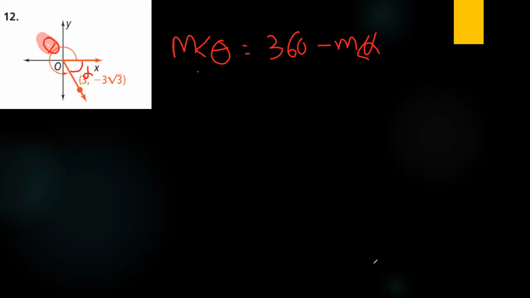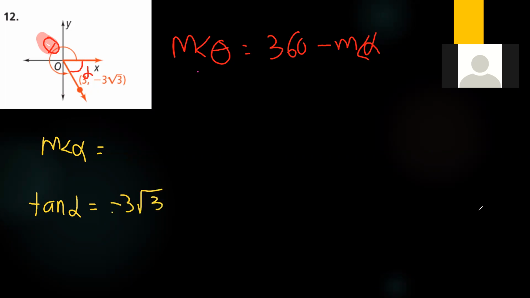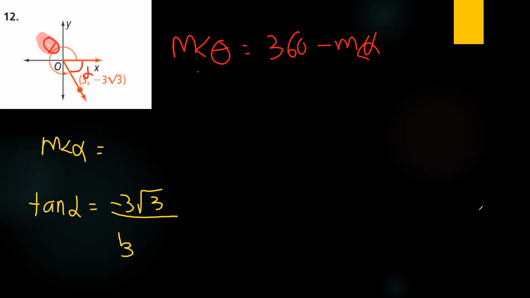Now let's find the measurement of alpha here. As I told you, this coordinate is sine and cosine. So let's use that tan theta is its sine, which is negative, over 3, over the cosine, so it is negative square root of 3.